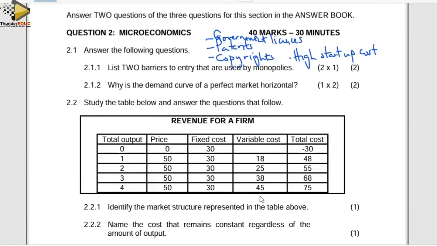For example, why ESCOM is not challenged by other private entities is because to set up a national grid for electricity costs billions of rands. So there's no specific business which is willing to invest such large sums of money, or it is not readily available for private entities to have such huge amounts of money to set up a power station.